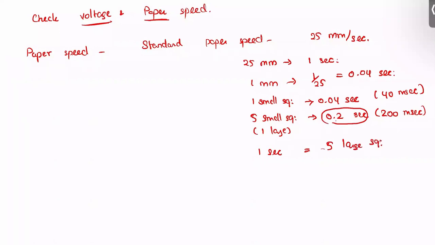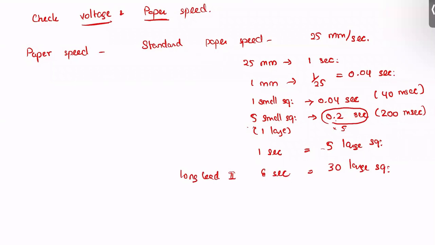Okay, do you understand? To get 1 second, we have to multiply by 5, so 5 large squares. So 6 seconds is 5 into 6, 30 large squares. So usually we use this as a long lead 2.